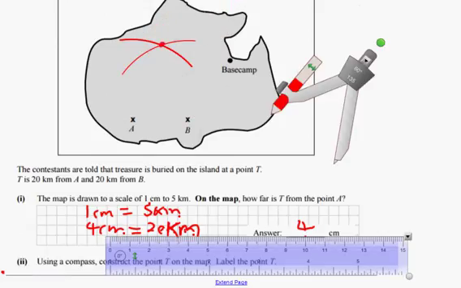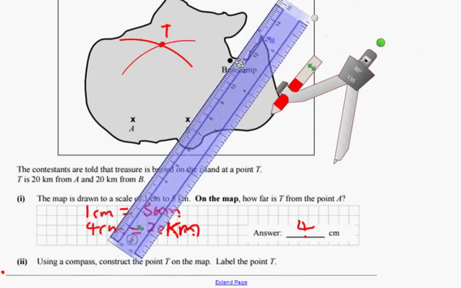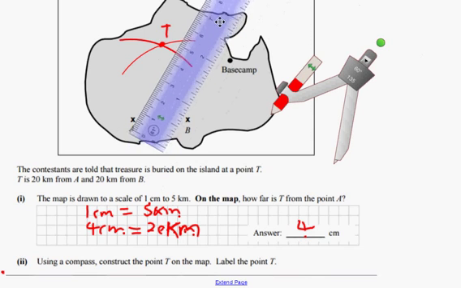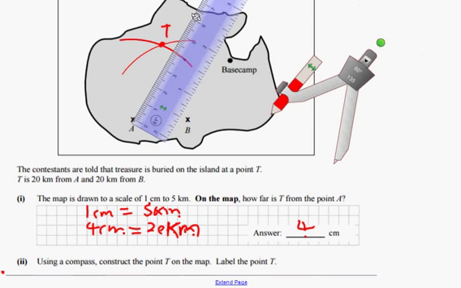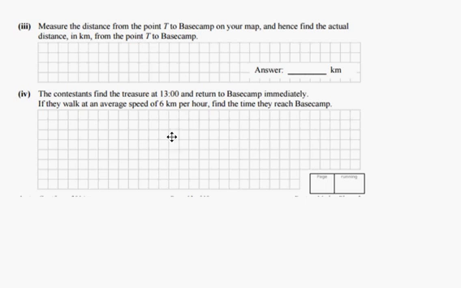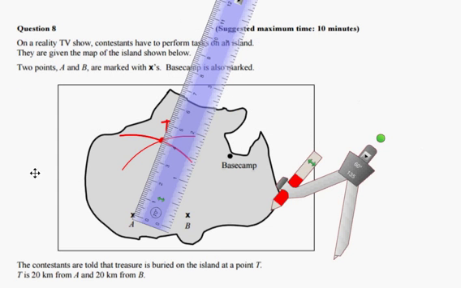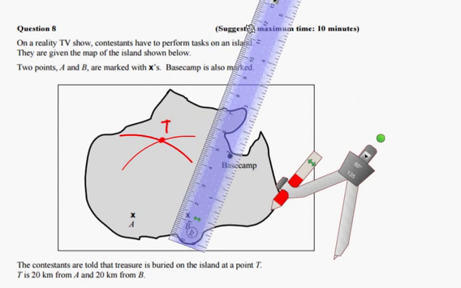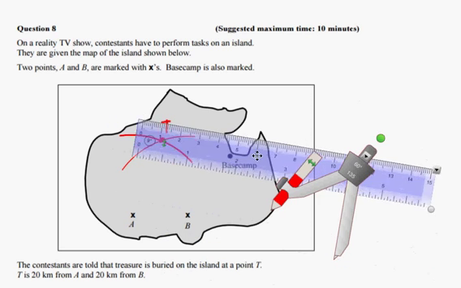And point T is there. I'm going to tilt the ruler up and measure. So, how far is it away? Anybody? Oh, to base camp. Where's base camp? It's over to the right. Oh, I see it there. Okay, let's go again.